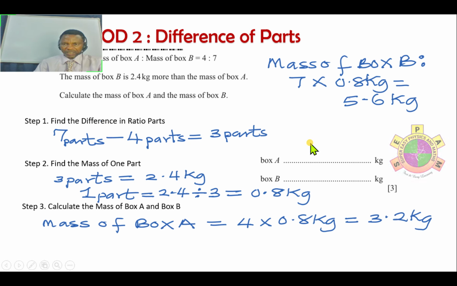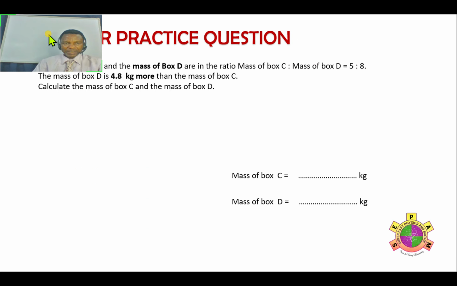So we have that, and we have solved this. So we have these two basic methods. Though this method actually appears easier, I will allow you to decide whichever one you want to use.